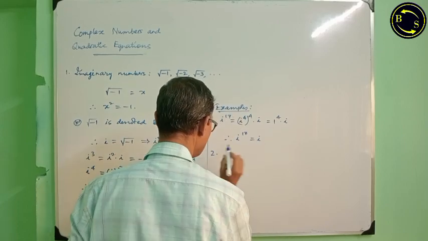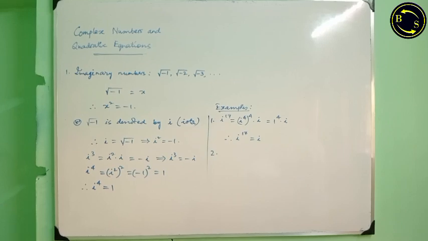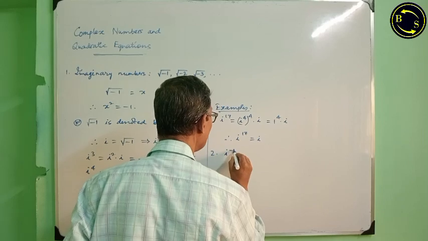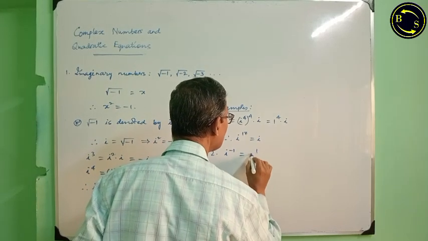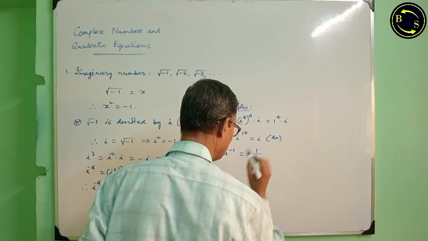Then I take another example. i to the power minus 1 means 1 by i.